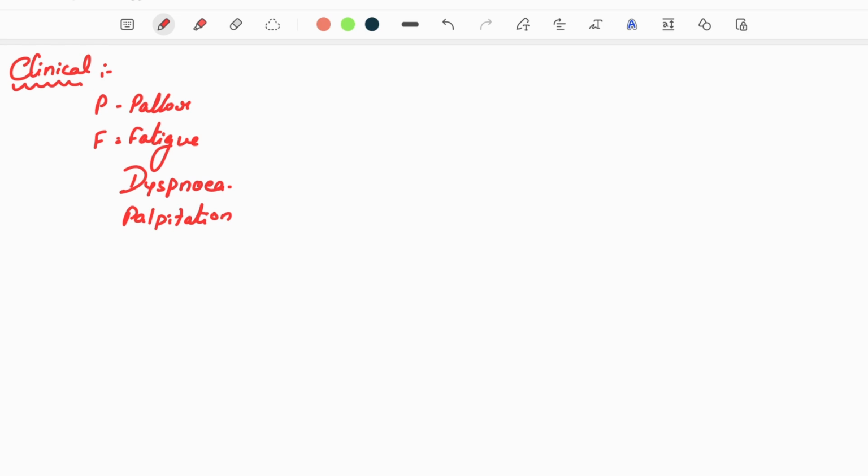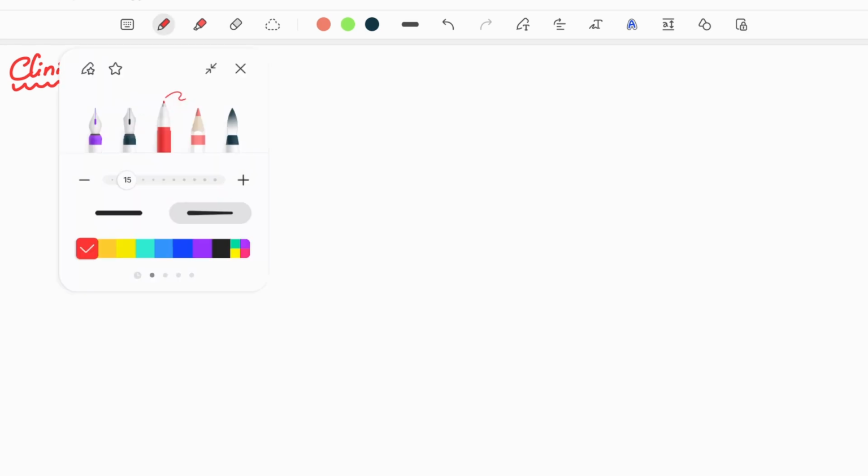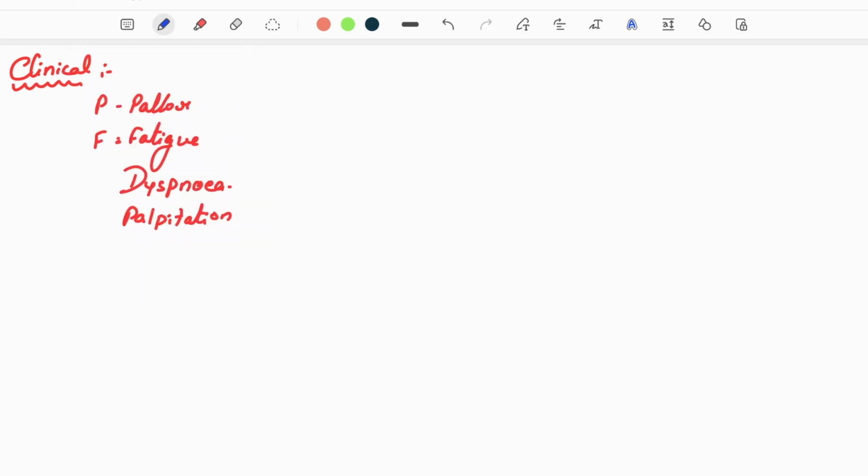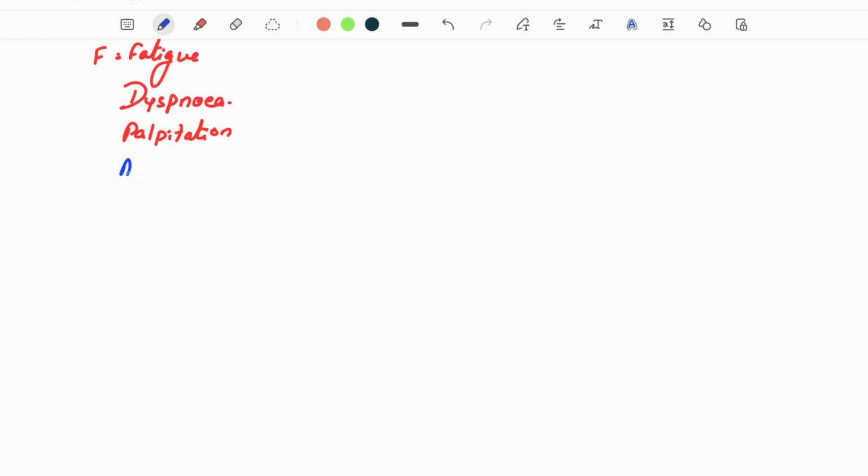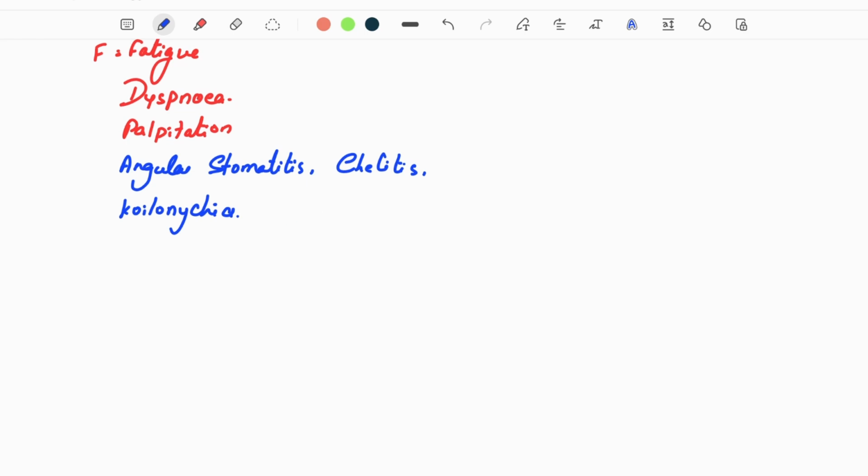So these are the normal symptoms you can see anywhere, and the most important symptoms are angular stomatitis, cheilitis, and koilonychia. Koilonychia is nothing but spoon-shaped nails.